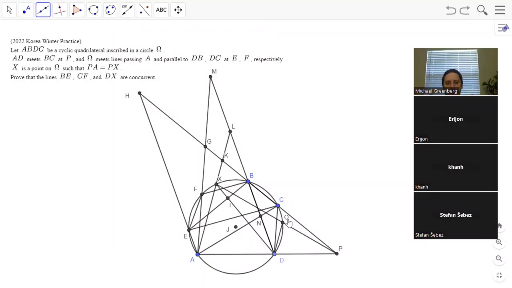How can I use Pascal's theorem? Maybe XA, DO, and some other points. XA and DO meet at the point at infinity.